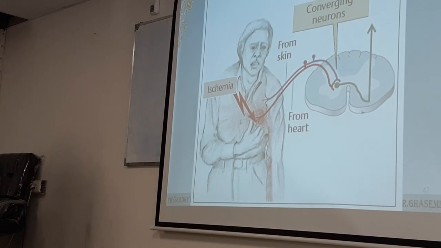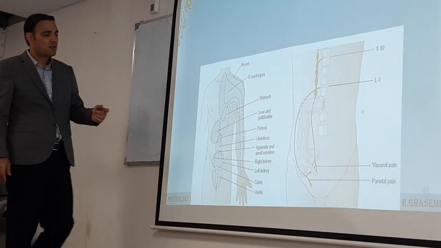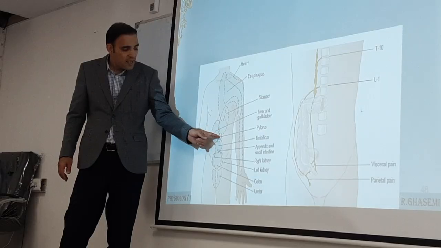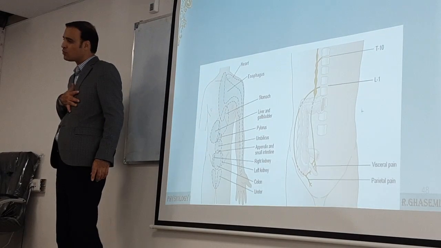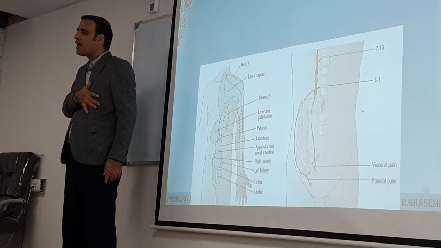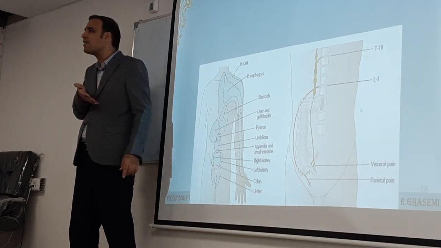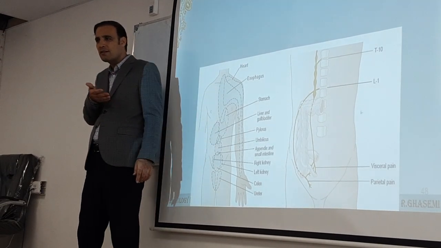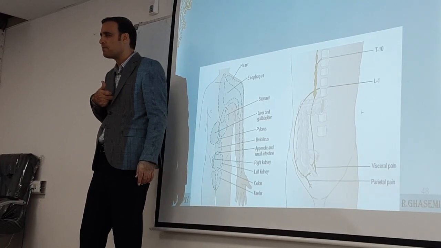And you know, it is not just for the heart, it is also for other viscera, such as liver, such as stomach. You see, the stomach also refers to the skin. When we have a stomach pain, we say, here we have a pain. And because it is the same area where the stomach is really placed, when we have a pain in this area, we know that it's a stomach pain.